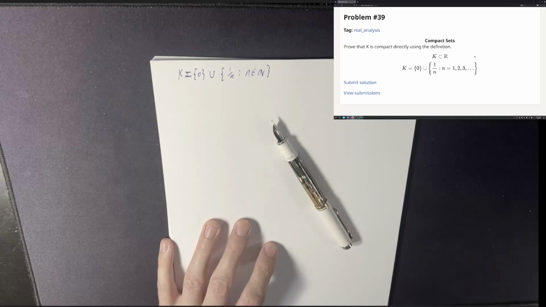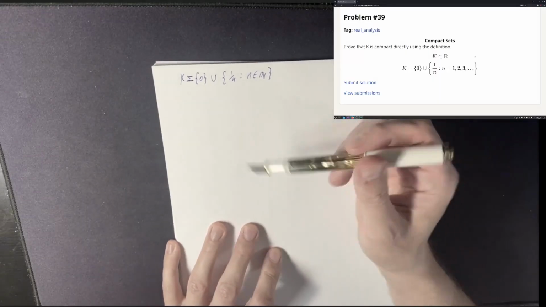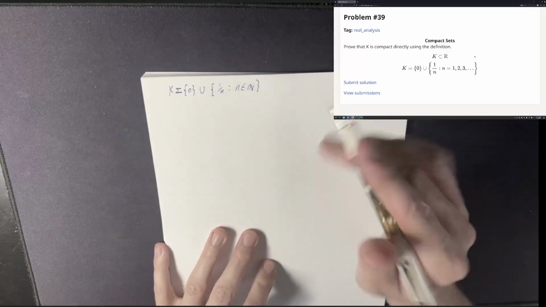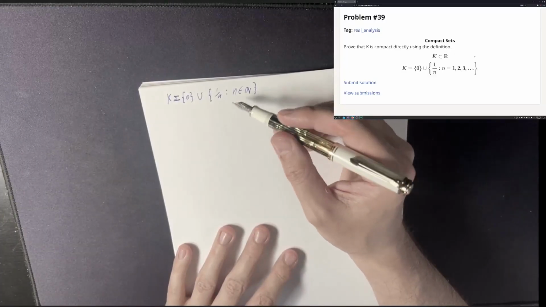I suppose this is also bounded and closed, but we're trying to avoid a result like that. Anyway, it's a pretty quick problem, right?